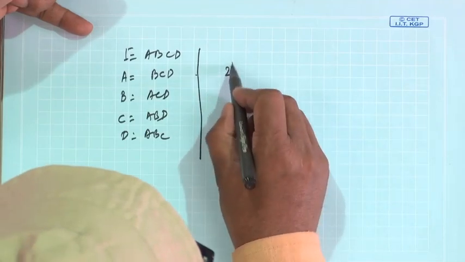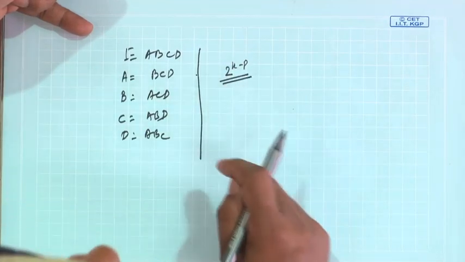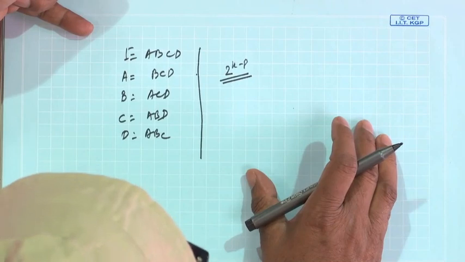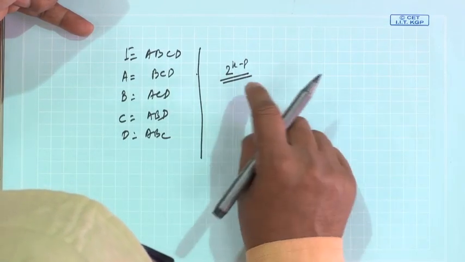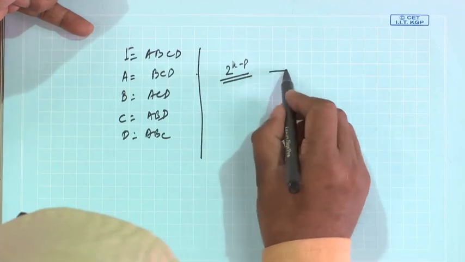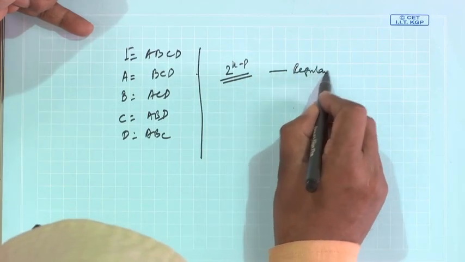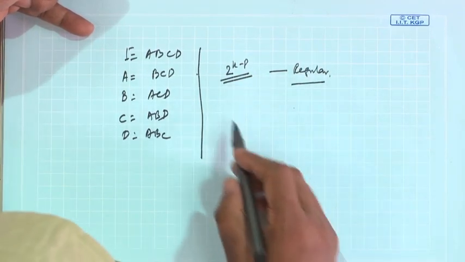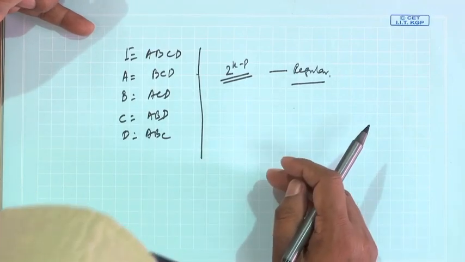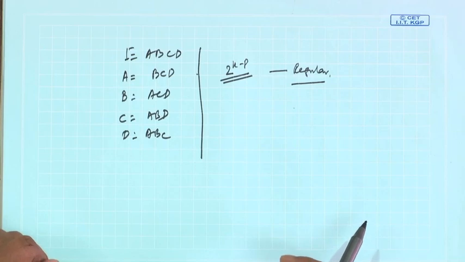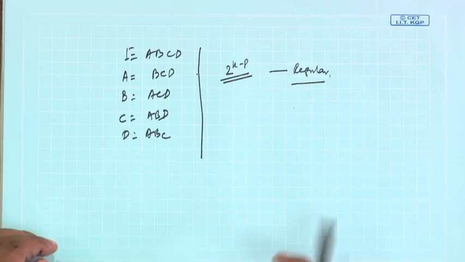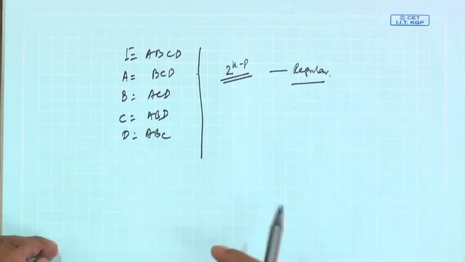The 2 to the power k minus p fractional design is the general one, and when we write 2 to the power k minus p, it is a regular one, but there is no guarantee that you will always go for a design which is a 1 by 2 to the power p fraction. It may be a situation where you want, suppose, a 1/12 fraction.